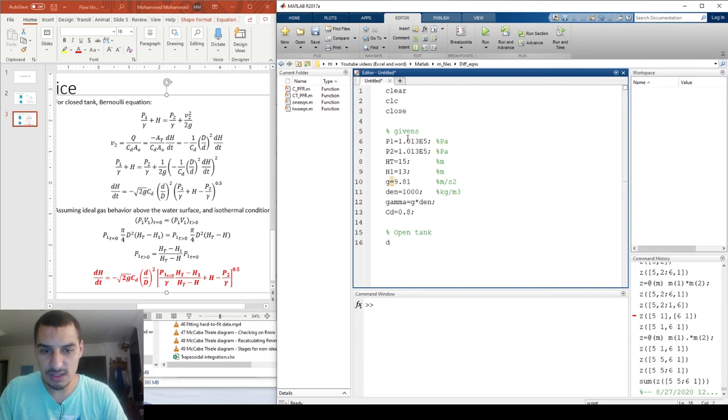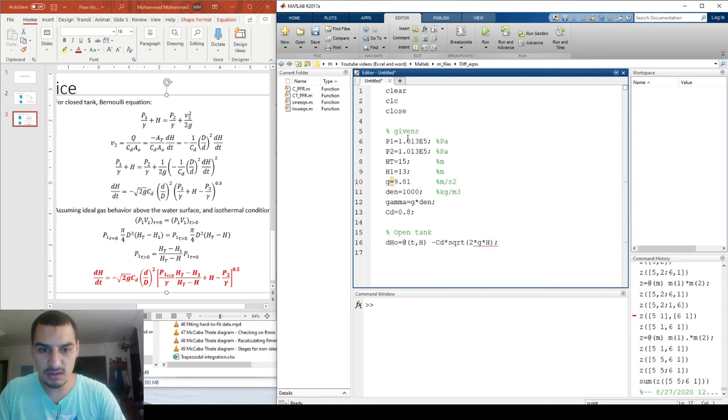I'm gonna say that the H open, where O refers to open, is gonna be an ODE, or I'm just gonna put it as a function handle, a function of time and height, and the equation is gonna be negative CD multiplied by square root of 2 multiplied by G multiplied by H, and that's it.